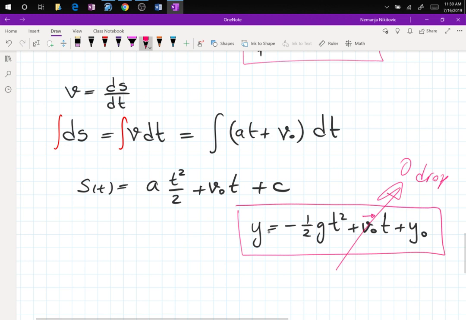Now, you can also throw the object up, in which case the vector v0 will have x and y components to it because you launch something forward in the x direction and in the y direction.